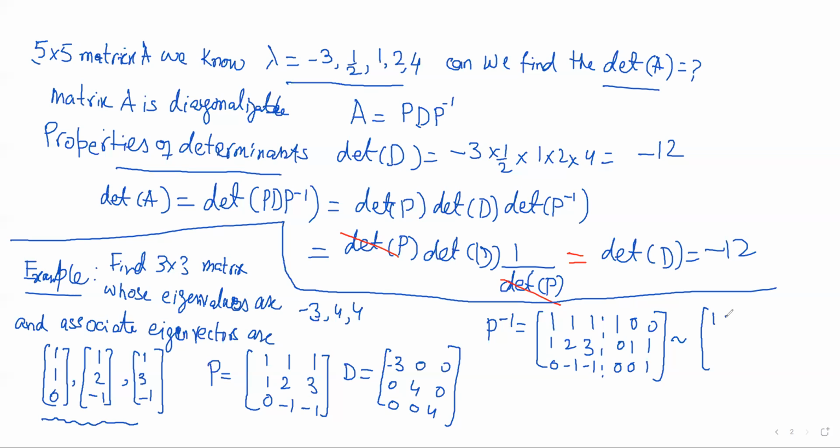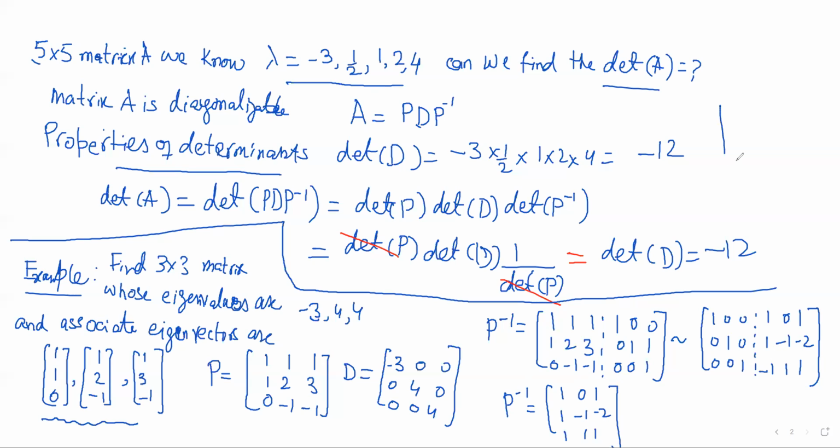Finally we will get the reduced form augmented matrix, and so P inverse will be 1, 0, 1, 1, minus 1, minus 2, and 1, 1, 1.